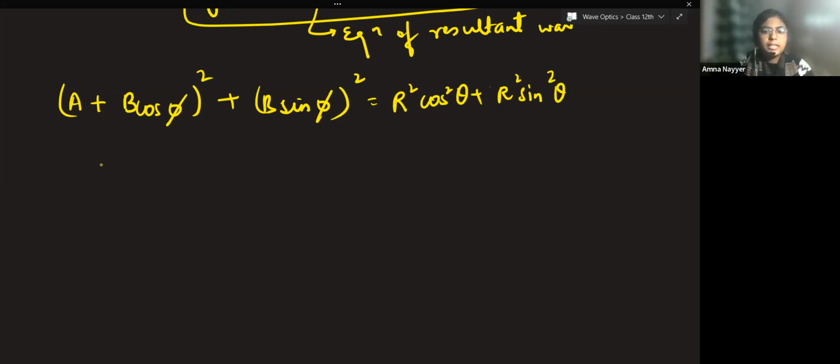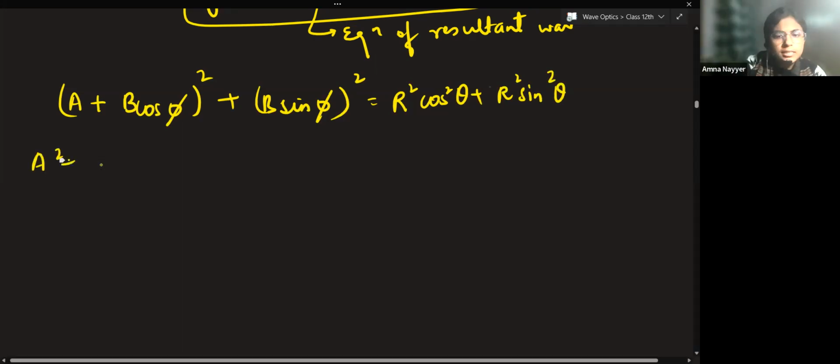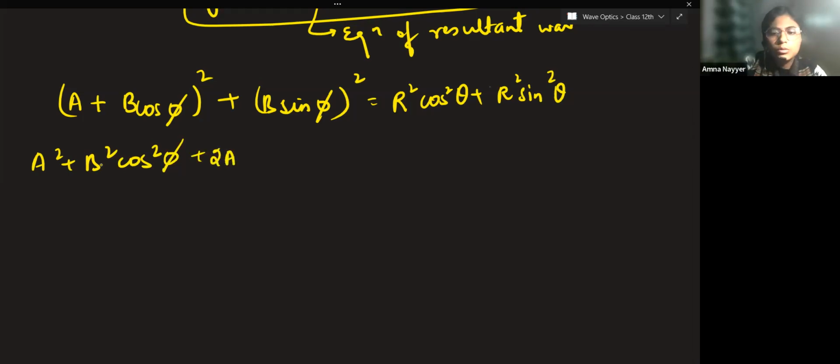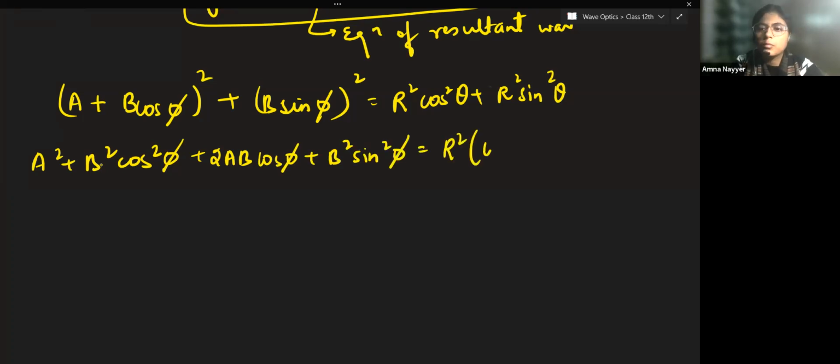Now let's open up the brackets at least. A square plus B square cos square phi plus 2ab cos phi plus b square sin square phi. This is equal to r square common cos square theta plus sin square theta. Fine.